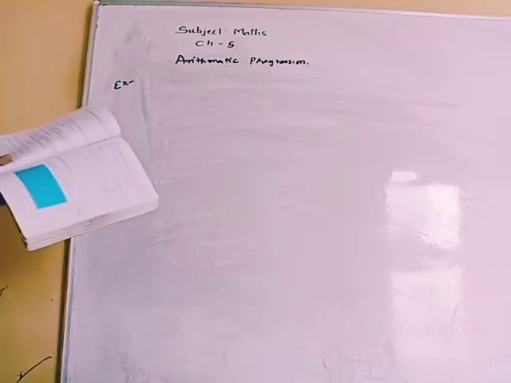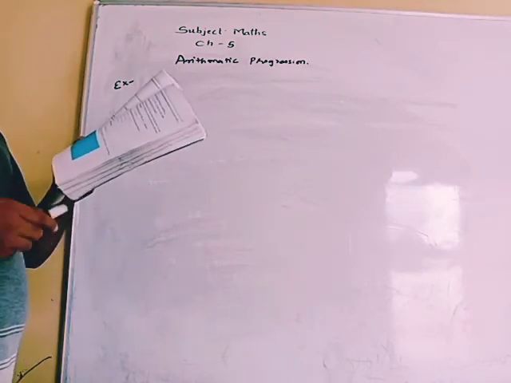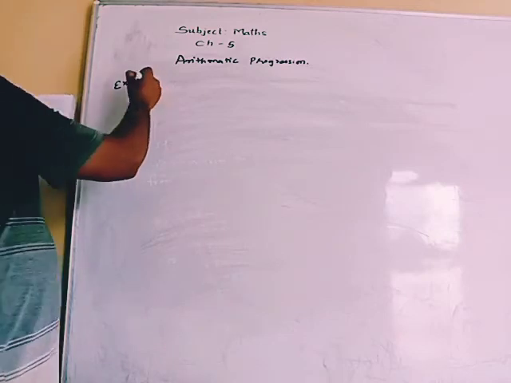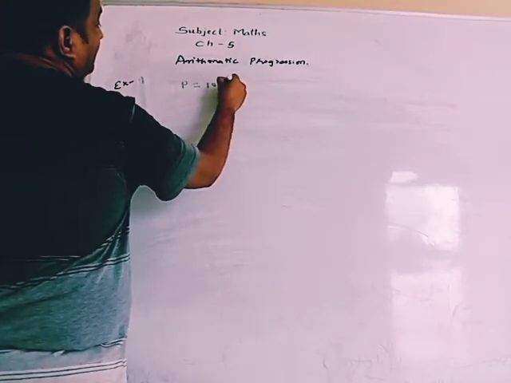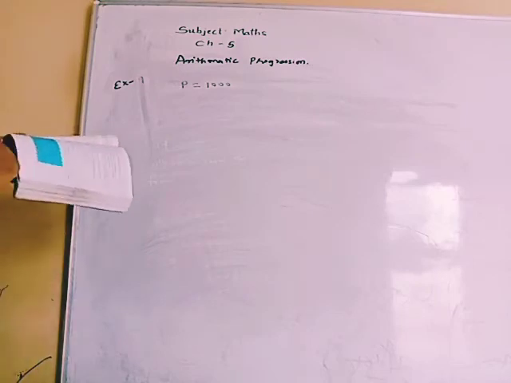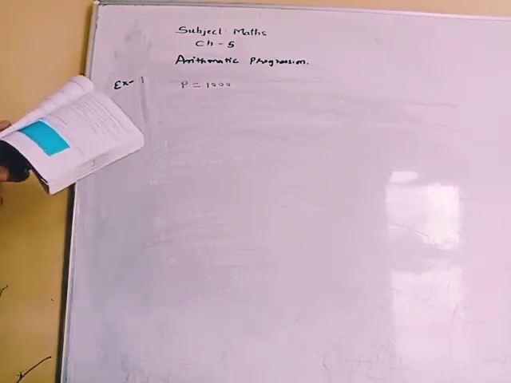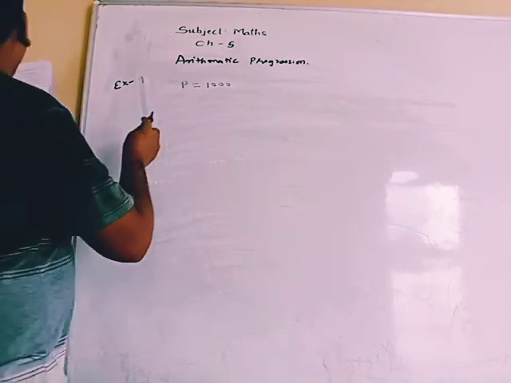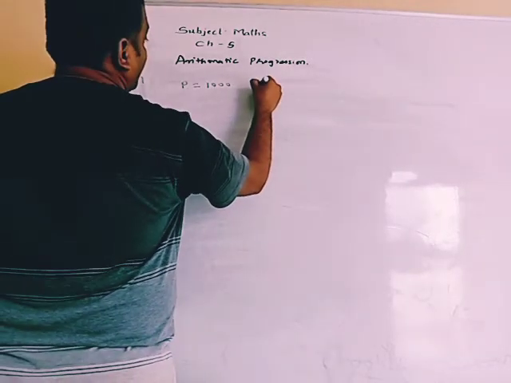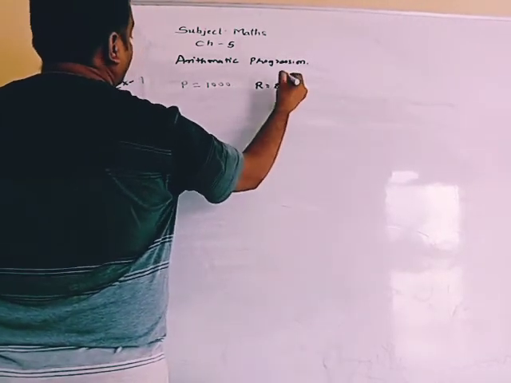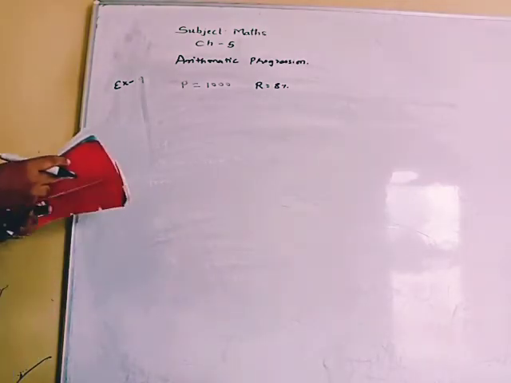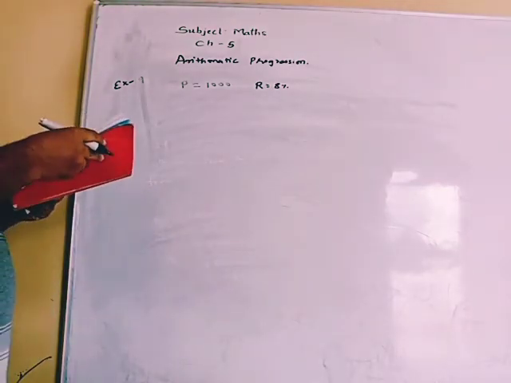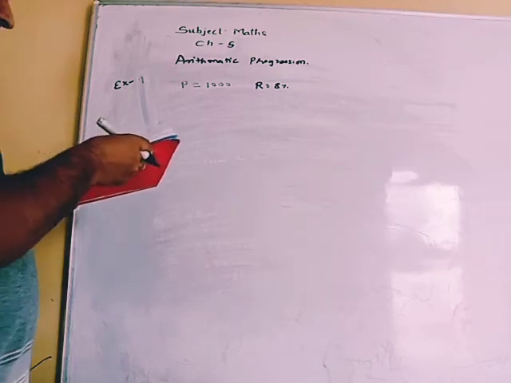Now question 9 in the example: a sum of rupees 1000, so the principal is given as rupees 1000, at 8% interest, so the rate is 8% per year. Then calculate the interest at the end of each year and show that this interest forms an AP.